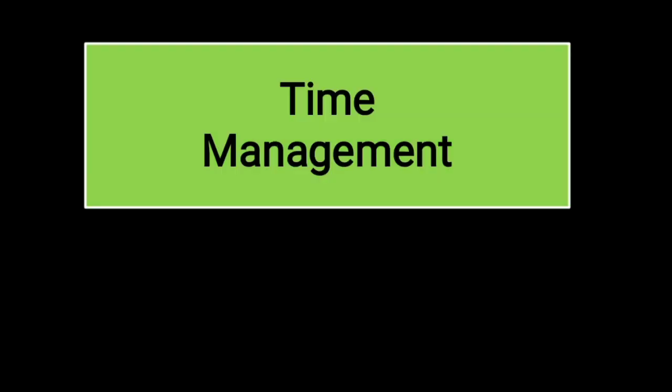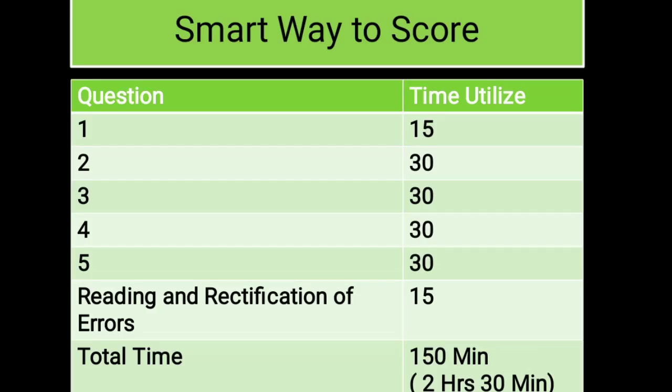Now time management. Again I'll repeat, for question number 1, as we have discussed, we are going to spend only 15 minutes. For question number 2, 30 minutes, question number 3, 30 minutes, question number 4, 30 minutes, question number 5, 30 minutes.